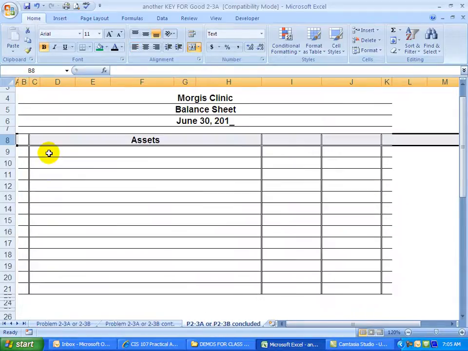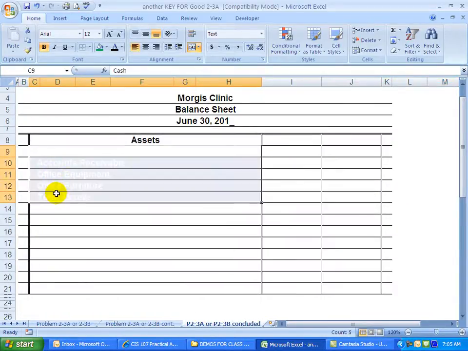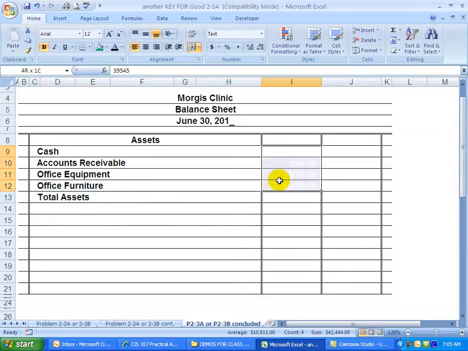So these are going to go over here, and we're going to put the amounts in here. Now notice we're using the inside column because we're going to add them up, and then we're going to put the total over here.